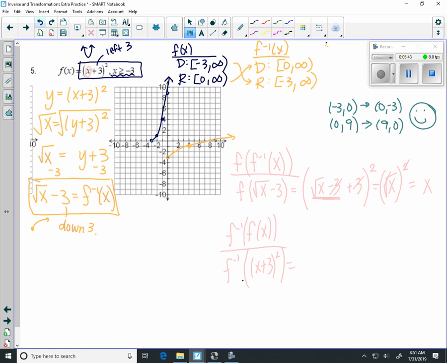My inverse, square root of x, and that's my new x in there, minus 3. So I'm going to do x plus 3 squared here. And again, order of operations: we have to cancel our squared and our square root first, and then we can cancel our 3.